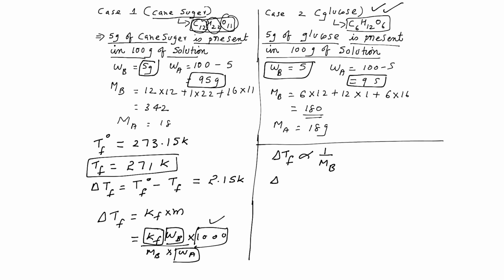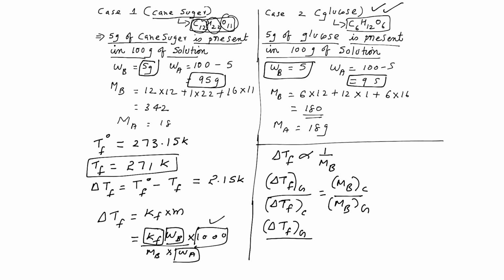Now what we can write? Delta TF of glucose by delta TF of cane sugar is equal to molar mass of cane sugar by molar mass of glucose. You understand? Now delta TF of glucose you have to find.